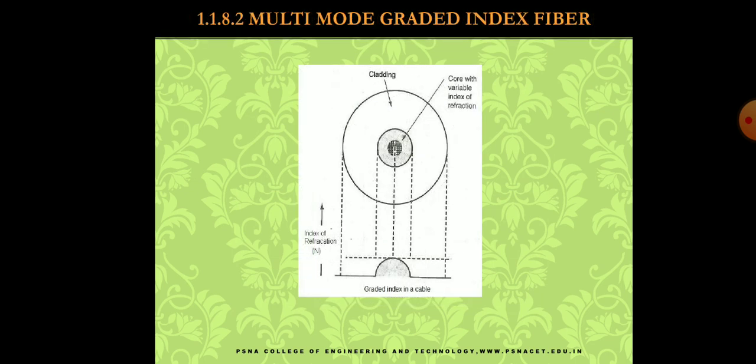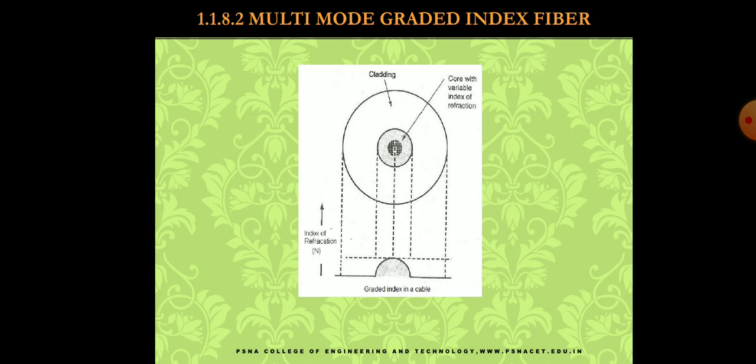So next we are going to analyze the multimode graded index fiber. In multimode graded index fiber, light follows multiple paths through the fiber core. In graded index, the index of refraction is not constant but varies smoothly across the diameter of the core.